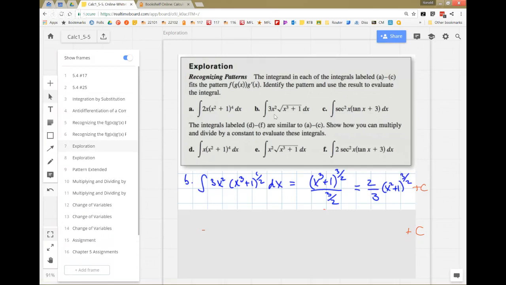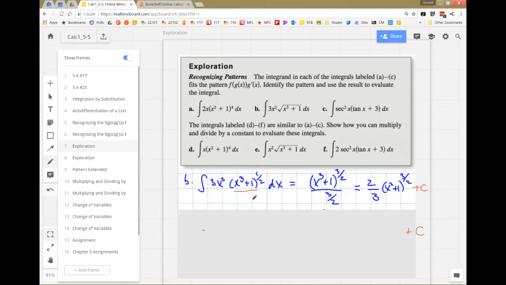You see how we have a 3x squared sitting there? Okay, so we're all set up. And what's another way to write x cubed plus 1 under a square root? It's x cubed plus 1 to the 1/2 power. All right, so this is just set up as perfect. I mean, the 3x squared is just there as part of the chain rule.